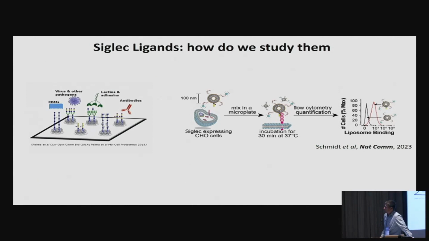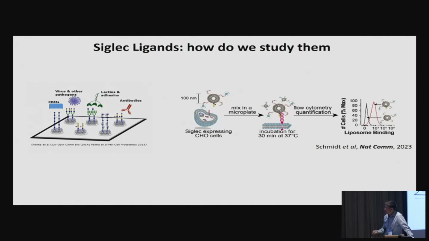So how do we study these interactions? I'll just breeze through this. I think it's fairly straightforward. Glycan microarrays have been around for 20, 25 years, maybe 20 years. And still most of the knowledge that we've gained about siglec specificity comes through them. My lab uses a lot of cell-based assays.